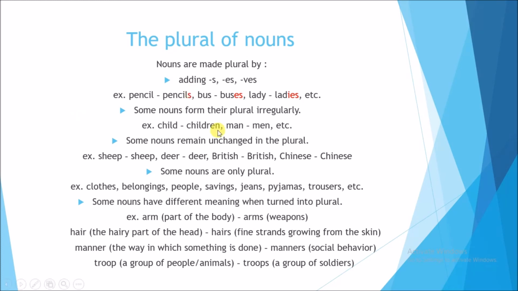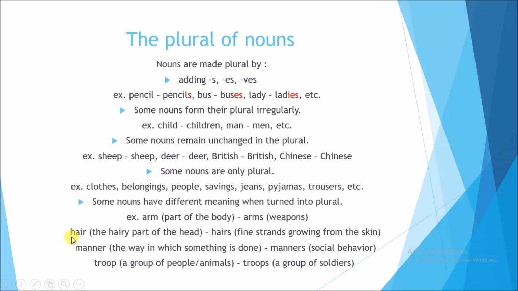Some other nouns are only plural. Example, clothes, belongings, people, savings, jeans, pyjamas, trousers, etc. Some nouns have different meaning when turned into plural. We can analyze the word arm as part of the body, but then if we add s, we form arms, and this means weapons.